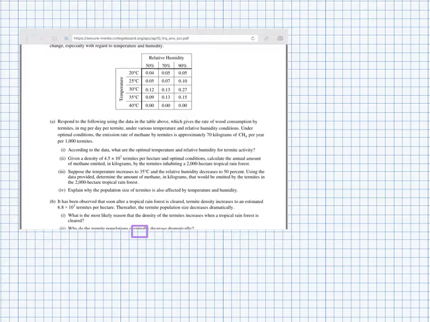So explain why the population size of termites is also affected by temperature and humidity. This question is going to require some research on your part regarding population habits and factors that affect population habits for termites. So you need to look up some of the biology of termites and prepare yourself by studying how temperature and humidity would affect their populations.